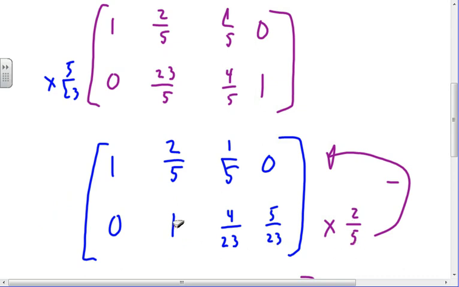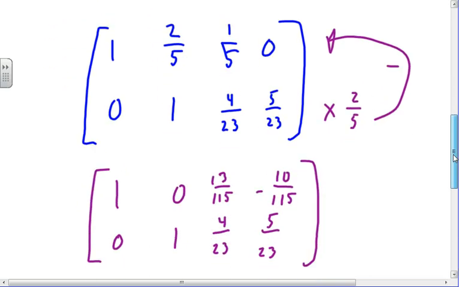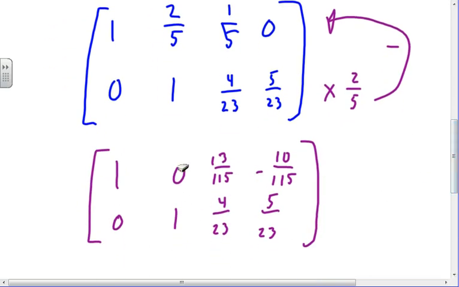Two over 5, and I'm subtracting. Okay, that guy goes away. One fifth minus 2 over 5 times 4 over 23. I get 3 23rds.